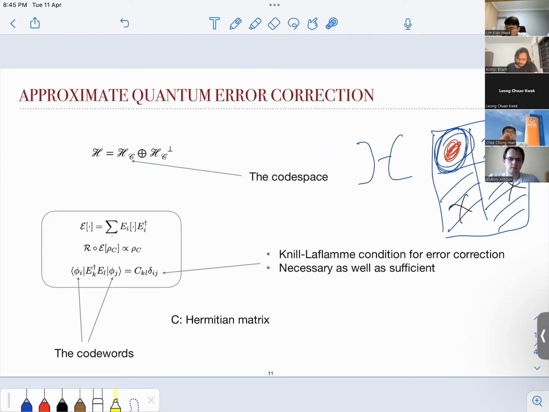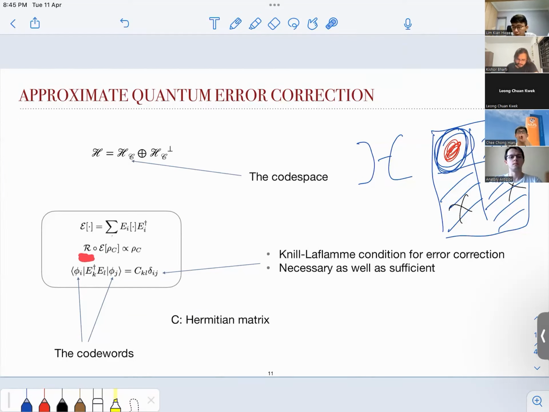So in any error correction, you can think about the error correction operation as follows. You have some encoding map, which takes your quantum state to rho_C, which is in this subspace here, and you have some error E acting on it, which can take it somewhere else.